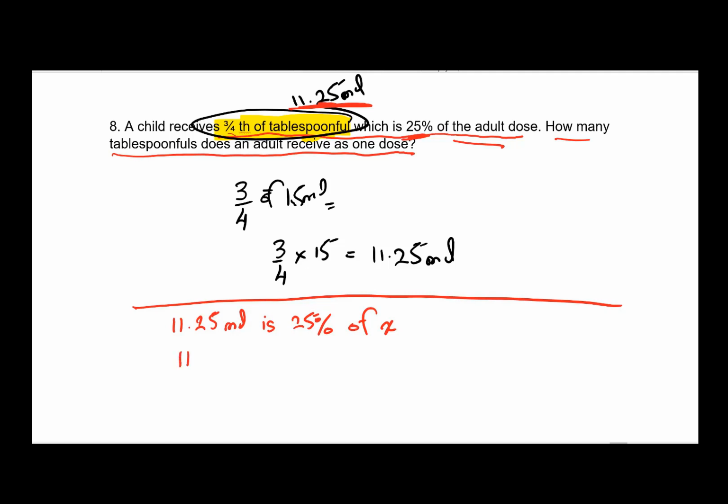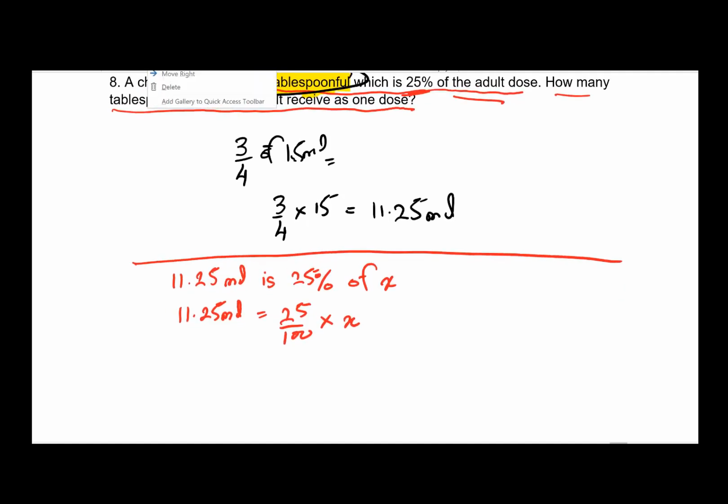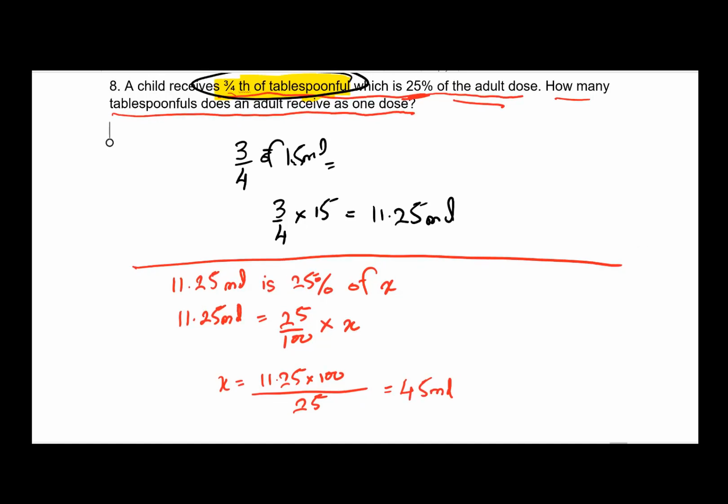So let's calculate this. 11.25 mils is equal to 25% of X. And now solve this for X. 45 mils. But the question is how many tablespoonfuls does an adult receive? So 45 mils is how many tablespoonfuls? 3 tablespoonfuls.